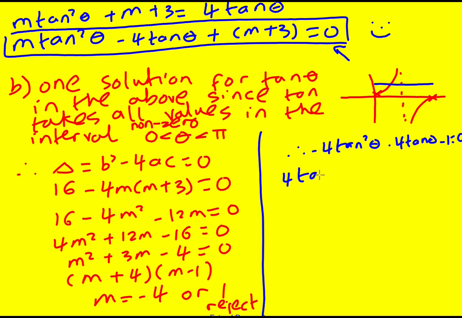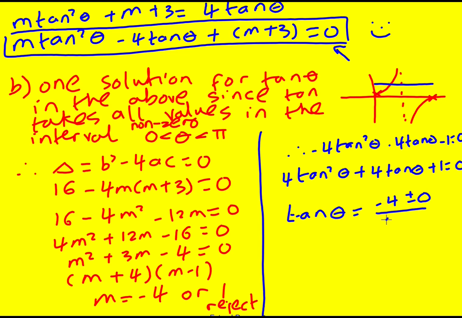So 4 tan squared theta plus 4 tan theta plus 1 is 0. Now we could try and factorize this, but we've already shown the discriminant is 0. So we can simply say that tan theta is going to be minus b, so minus 4, plus or minus 0, all over 2a.